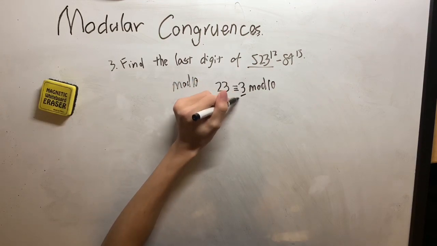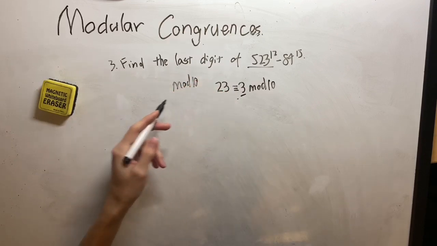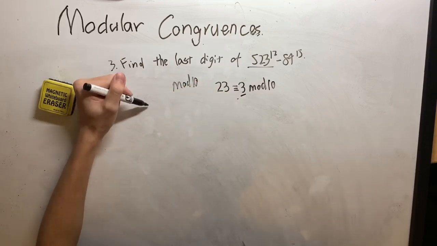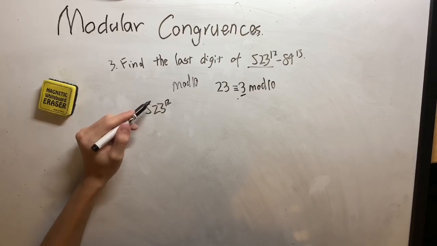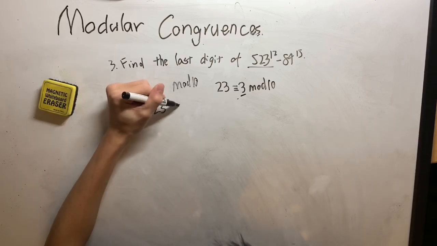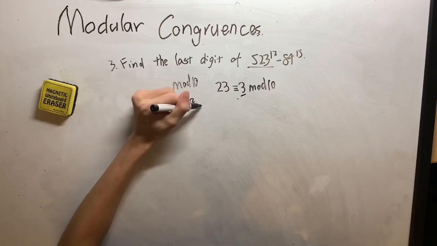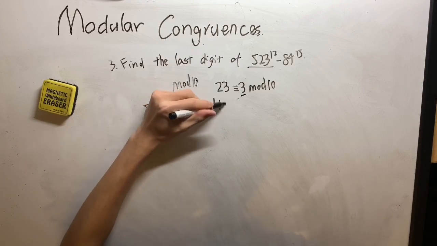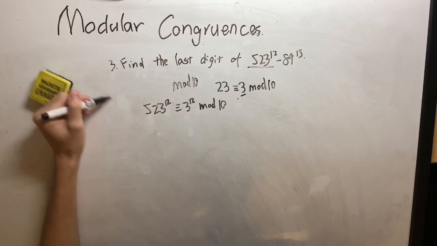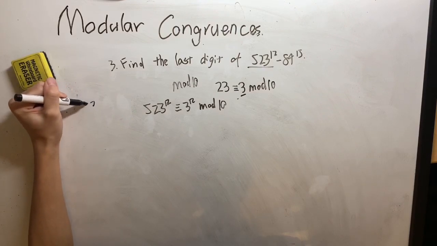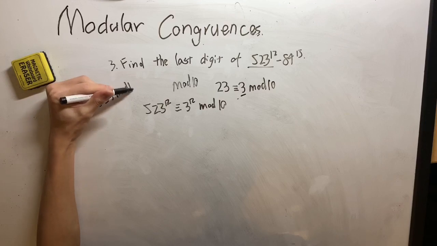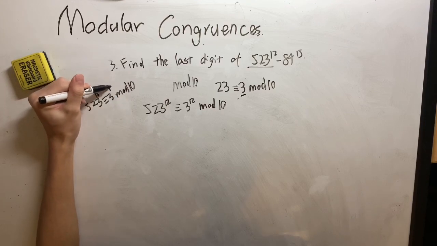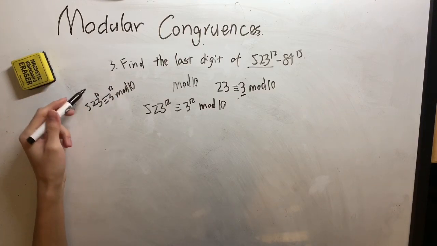And this is just the last digit of 23. Thus, we have 523 to the 12, and this is congruent to 3 to the 12 mod 10. This is because 523 is congruent to 3 mod 10, and we have 12 powers on each side.